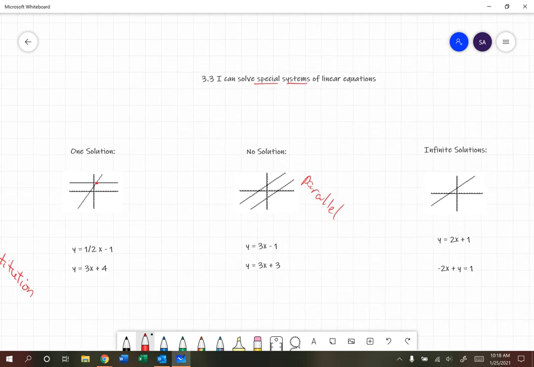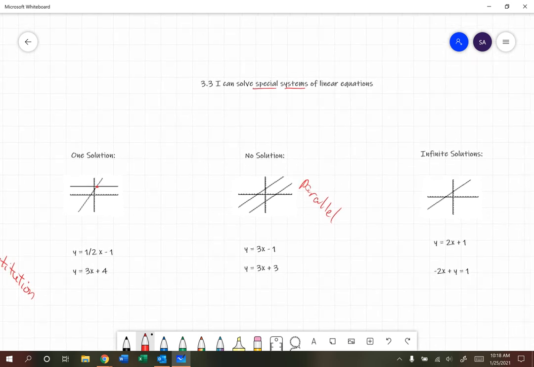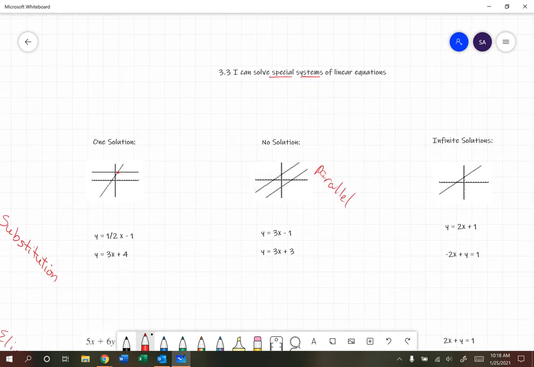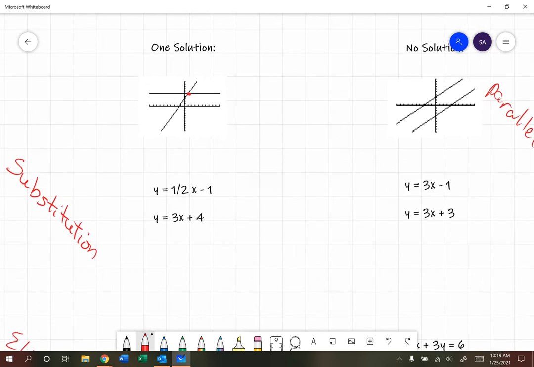I'm also going to show you algebraically how we can look at substitution and elimination to prove that it's either a one solution, no solution, or infinite number of solutions. So one solution, we know that if we are solving one solution, we can substitute in that 3x plus 4 in for y.